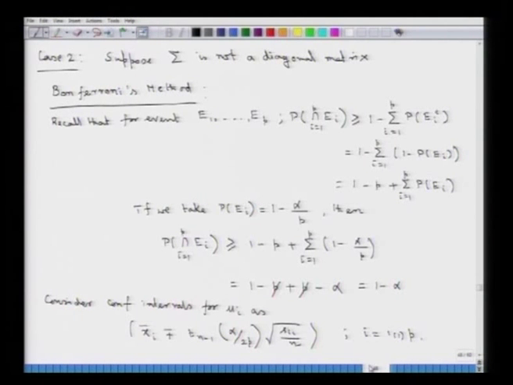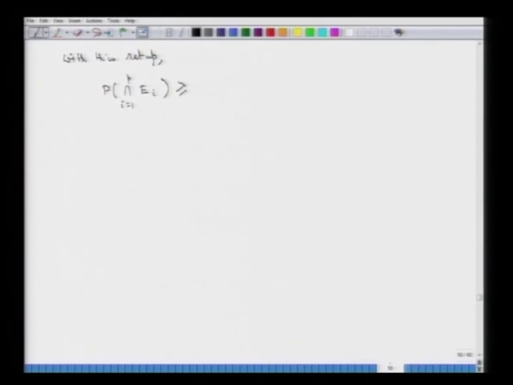Now with this general setup, the probability of the intersection of the E_i events, from Bonferroni's inequality as we had derived earlier, is at least 1 minus p plus the sum of the probabilities of E_i. So what does this lead us to? 1 minus p plus the summation of the probabilities of E_i, i equal to 1 up to p.